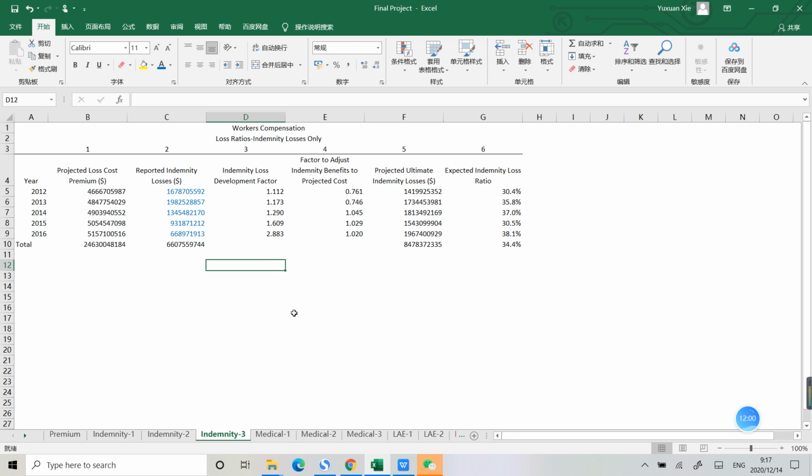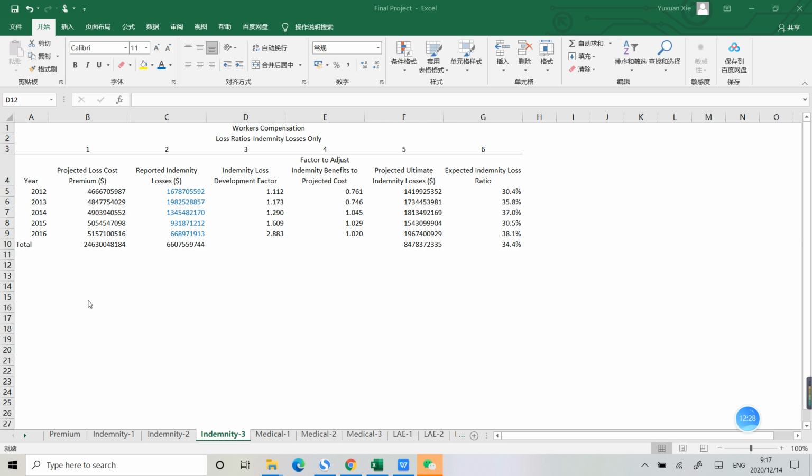indemnity 3, the loss ratios, indemnity losses only. In this sheet, column 2, reported indemnity losses, is given, so we should calculate all other columns. The first column is projected loss cost premium, and this number is the same as in the premium sheet.